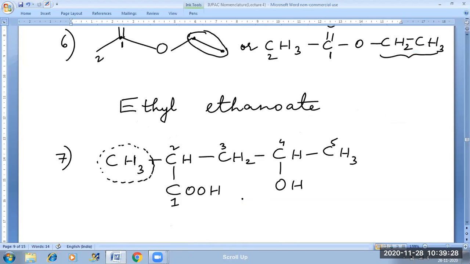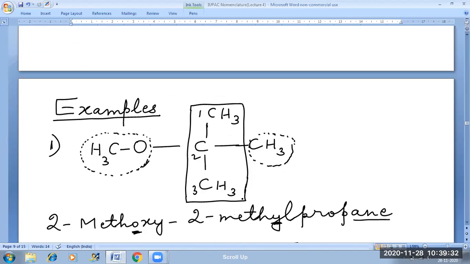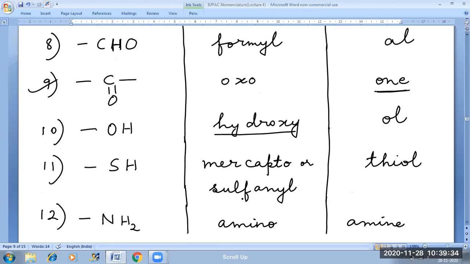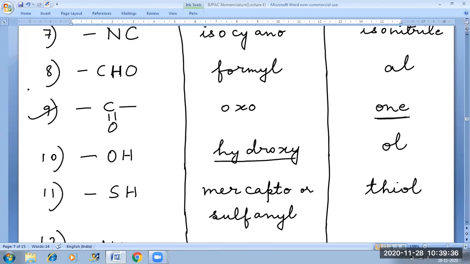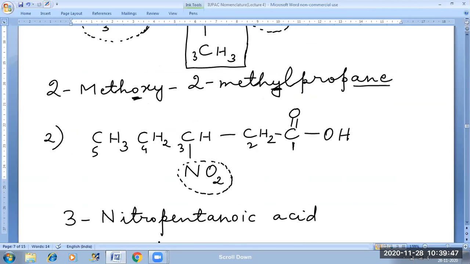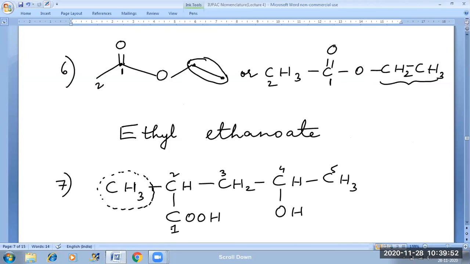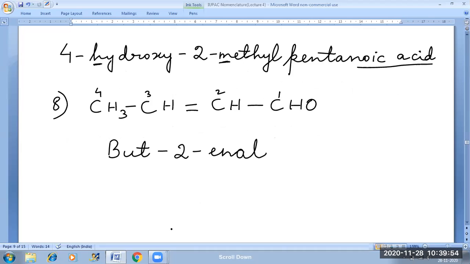Let me show you inside the table. So for the 8th one, Al is the suffix. Due to enal.